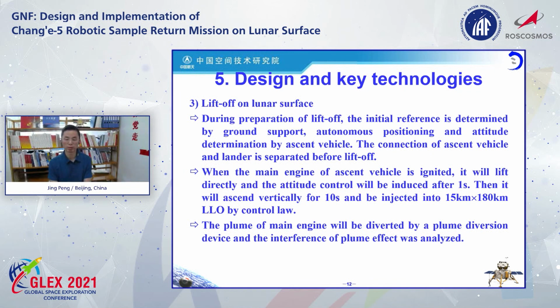Then it will ascend directly for 10 seconds and be injected into a 15 kilometers by 118 kilometers lunar low orbit by control law. The plume of the main engine will be diverted by a plume diversion device on the top surface of the lander, and the interference of the plume effect was analyzed.